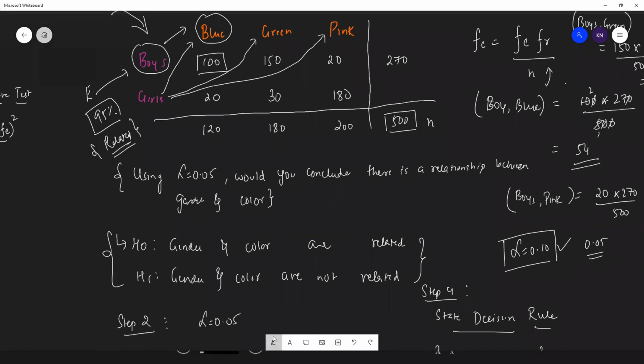The experiment basically says that the gender and color are related to each other. The boys are selecting more blue, more green. Girls are selecting more pink, right? So some kind of relation is there, right? So the before one only looked correct. This should have come as not related, related.